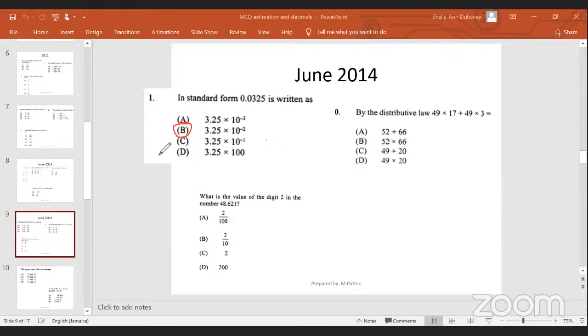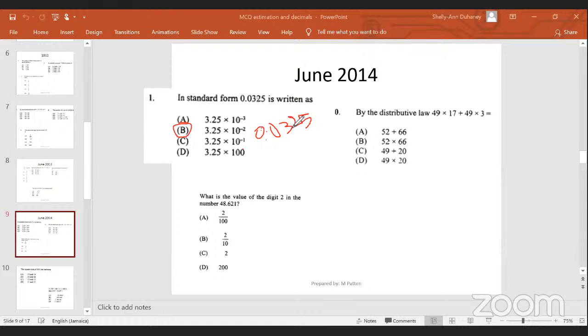Can you do that over again? All right, so we have 0.0325. Remember, when we're doing standard form, the decimal point must be between the first two non-zero numbers, or the first two significant figures, which in this case would be between 3 and 2.